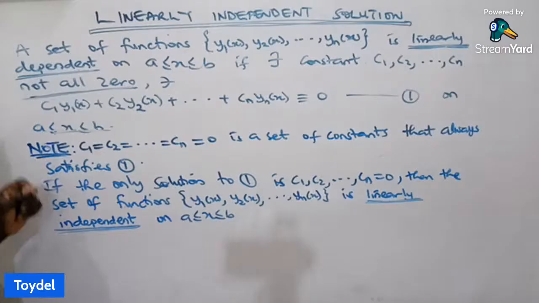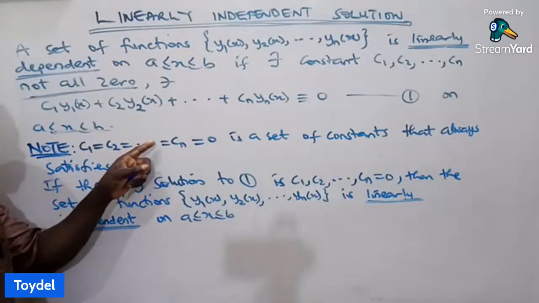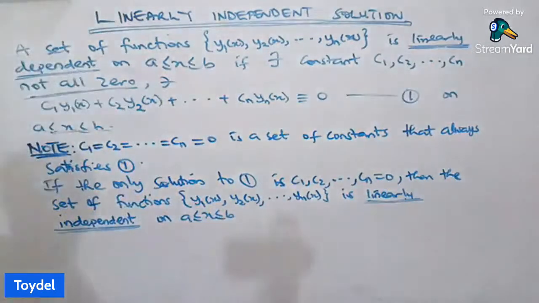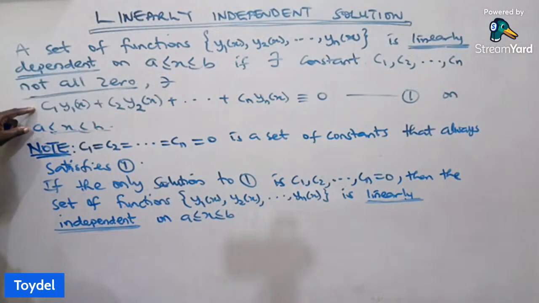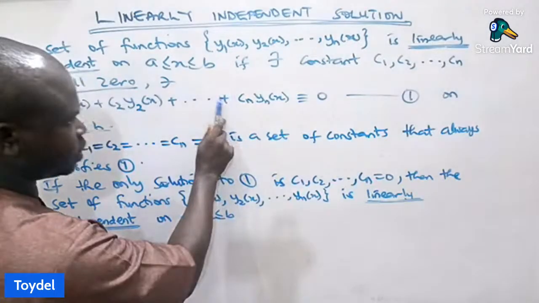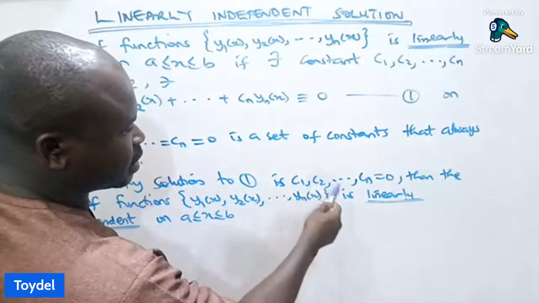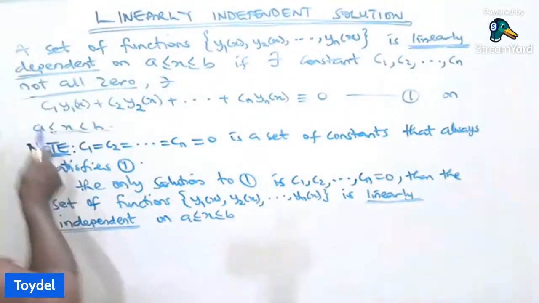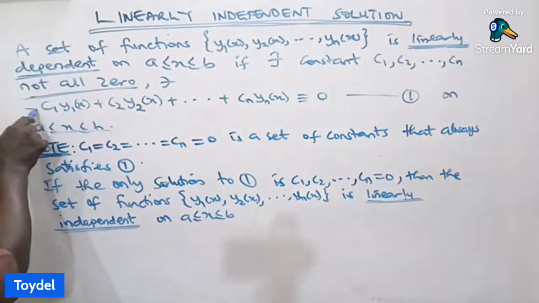We have to note that if c1 equals c2 up to cn equals 0, that is a set of constants that always satisfies equation 1. But we want to look at linearly independent solutions. This is the condition for linear independence. If the only solution to this equation is that all the constants c1, c2, up to cn are equal to 0, then the set of functions y1, y2, y3 up to yn is linearly independent on that interval.